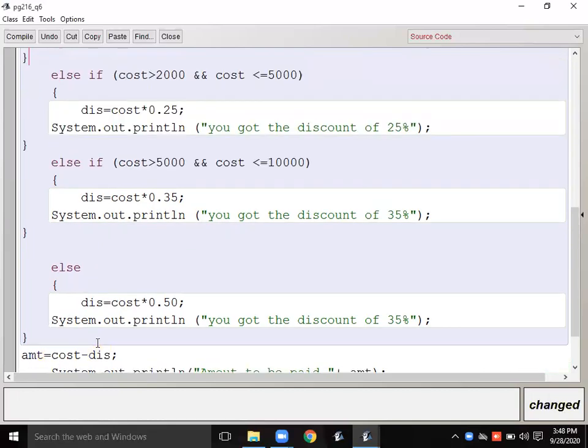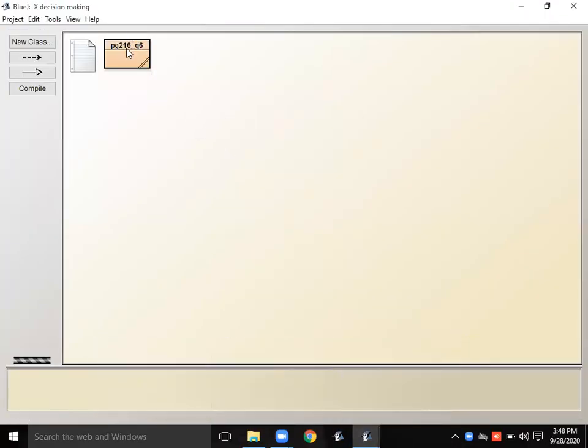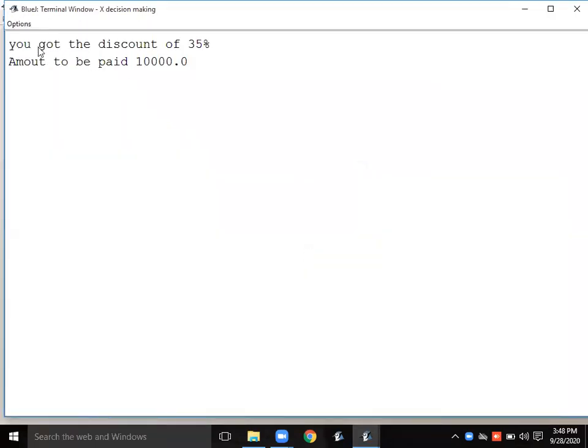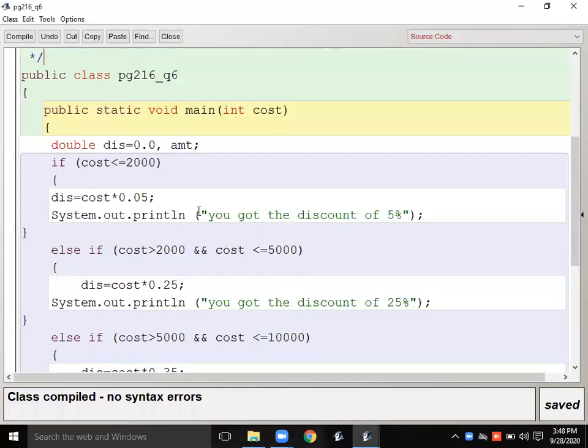So in this way you can create the program. There are multiple logics to create the program, but we should create the program according to the given question. Now here I'm giving 20,000, it should display 10,000. See, you got the amount of 35, sorry, again we have to do it as 50%.